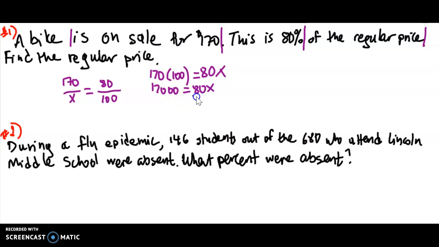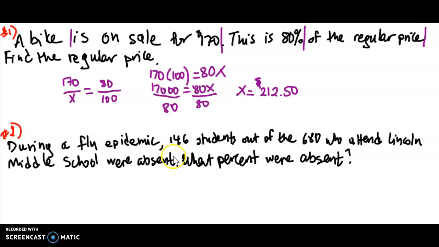And because I want x by itself, I will divide both sides by 80. If you do that division, the answer comes out to be x equals 212.50. So the regular price of the bike was $212 and 50 cents.